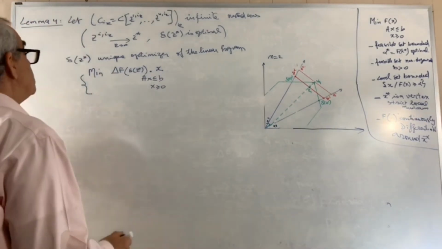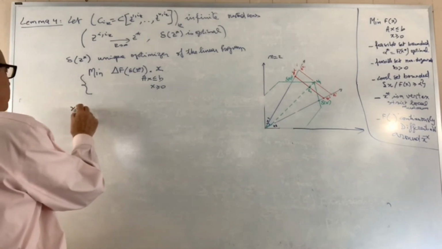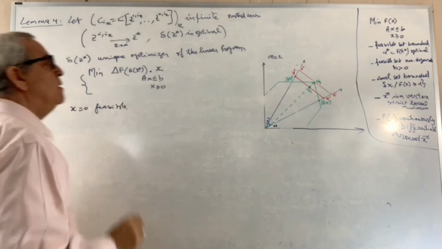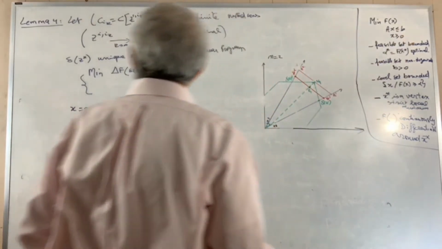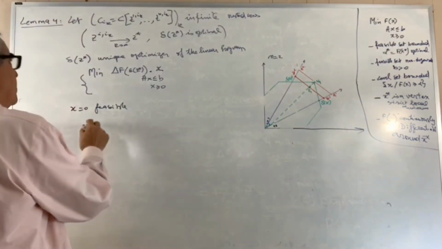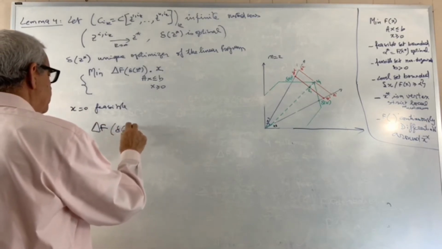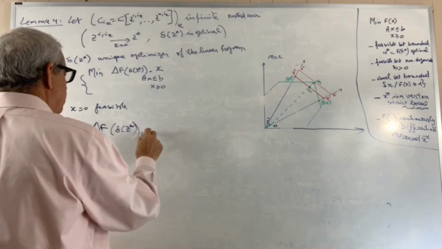The consequence of this lemma 4 is that since x equal to 0 is feasible, remember, b is greater, if you plug x equal to 0, it satisfies this. So if you plug 0 there, then I get the gradient at delta of z star times 0.